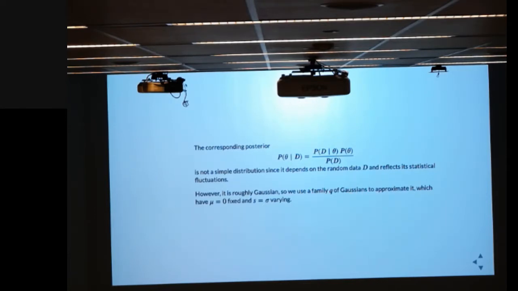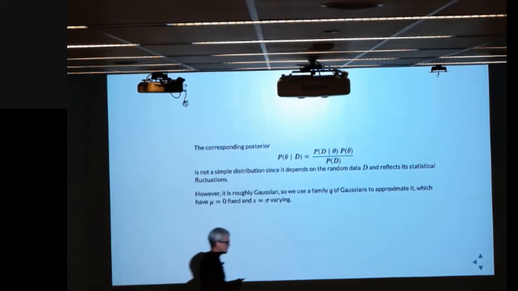You definitely don't have to do this. You can use any family you want. To keep it simple, I'm going to fix mu, the mean of my Gaussian, to 0. So I just have one variational parameter, which will be the sigma.